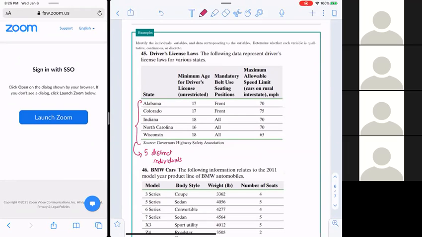So that would be a discrete variable. The mandatory belt use seating positions. You can see that we don't measure this numerically, rather we measure it in terms of levels. So this would be categorical or qualitative, and it has 2 levels of measurement.